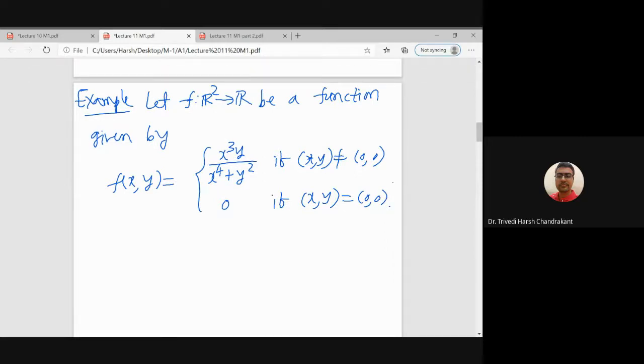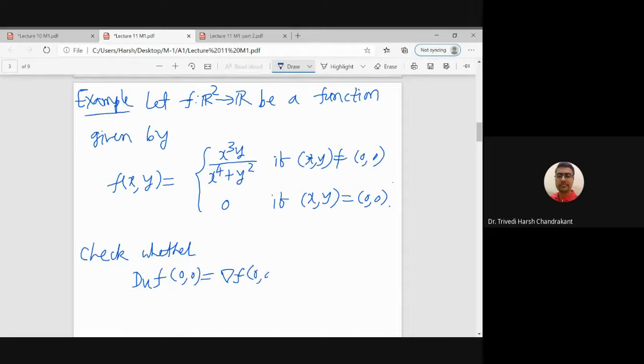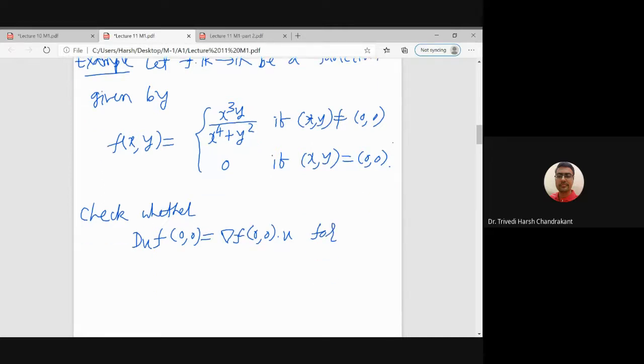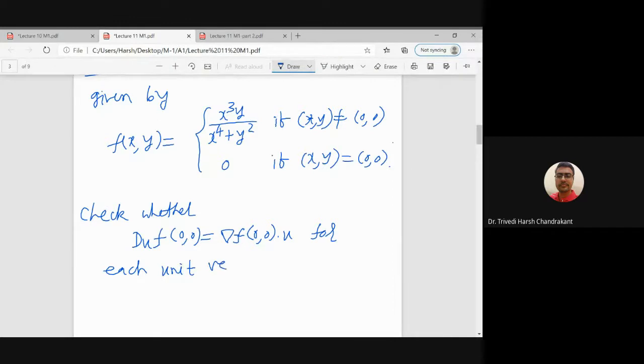So the question is to check whether this particular equation is satisfied for each unit vector u equals (u1, u2).